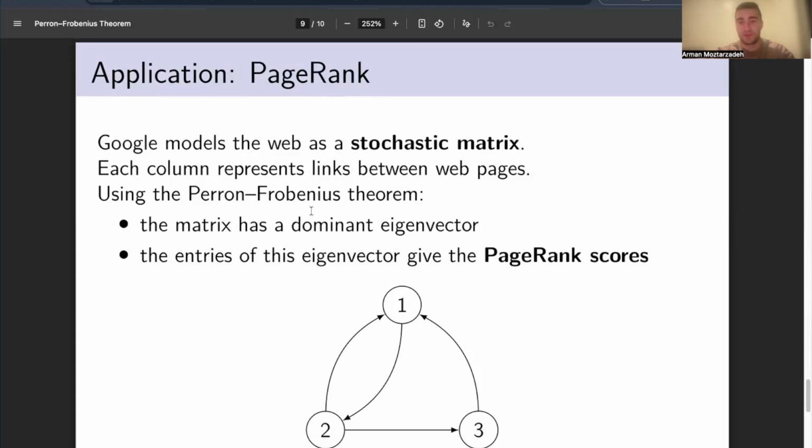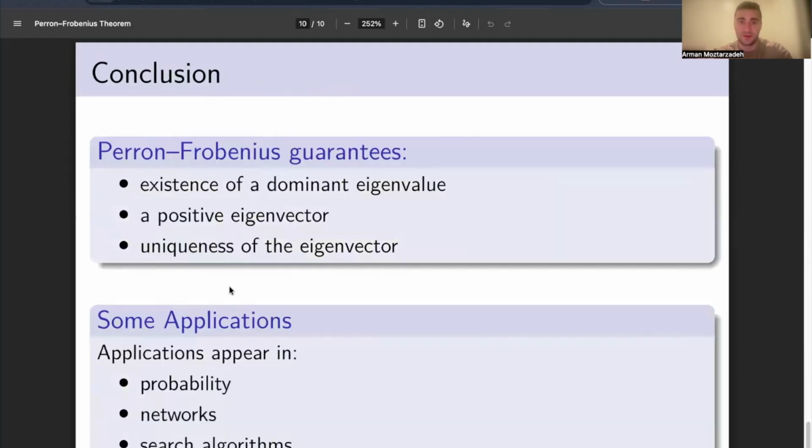Using the Perron-Frobenius theorem, we know that this matrix has a dominant eigenvector, so the entries of this eigenvector represent PageRank scores, and this measures the importance of each web page within the network. So in this way, a concept from linear algebra is being directly used to help determine how search engines rank web pages. And that's it.